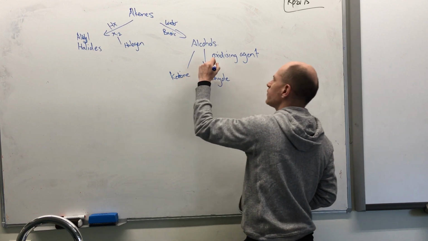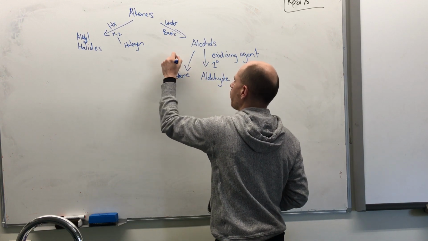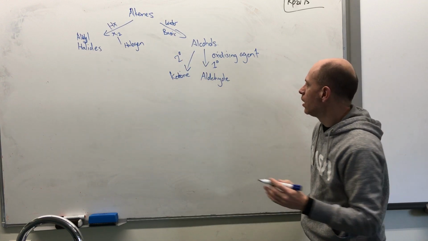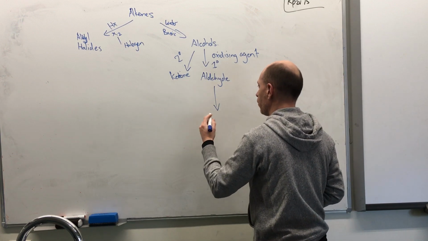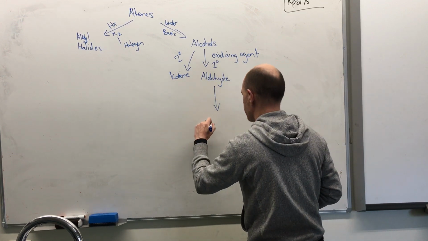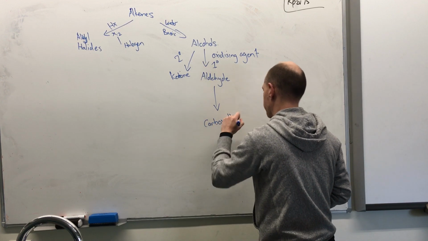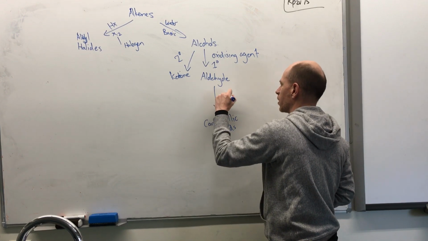Aldehydes are formed from primary alcohols and ketones are formed from secondary alcohols. Aldehydes are then further oxidized to carboxylic acids, so with an oxidizing agent.